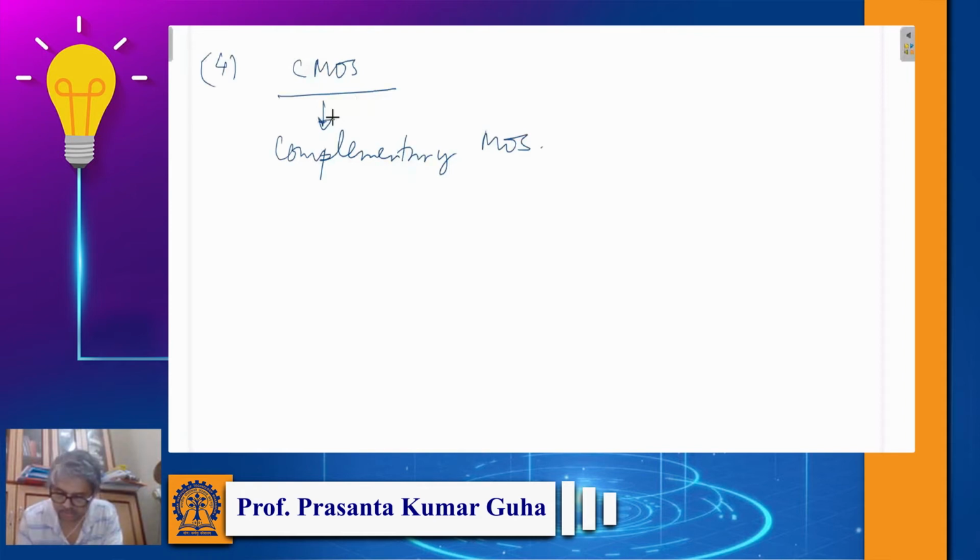Okay, what is CMOS? CMOS is both PMOS and NMOS.